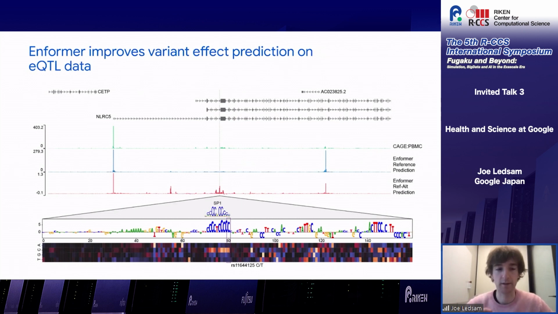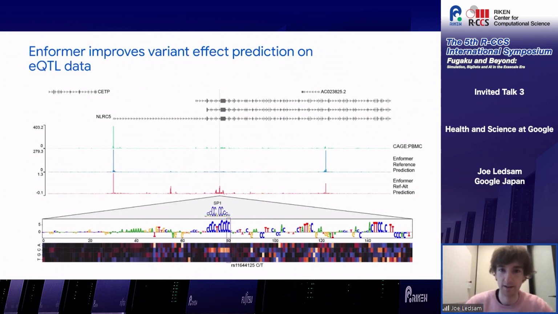The suggestion is that altered binding at this transcription factor binding site, SP1, in the particular cell type we're looking at, which here was hematopoietic cells, cells involved in making blood cells, may be a particular cause of the pathology seen in this variant.